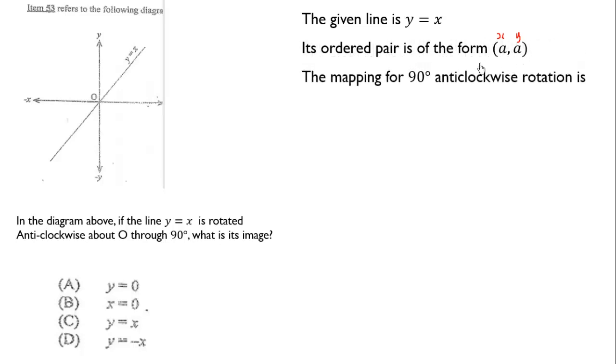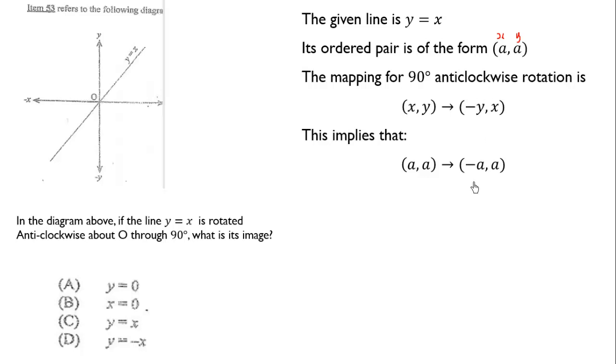So the mapping for the 90 degrees anti-clockwise rotation is (x, y) maps onto (negative y, x). So we need to swap this and negate the y coordinate. So we swap and negate the y coordinate to get this.